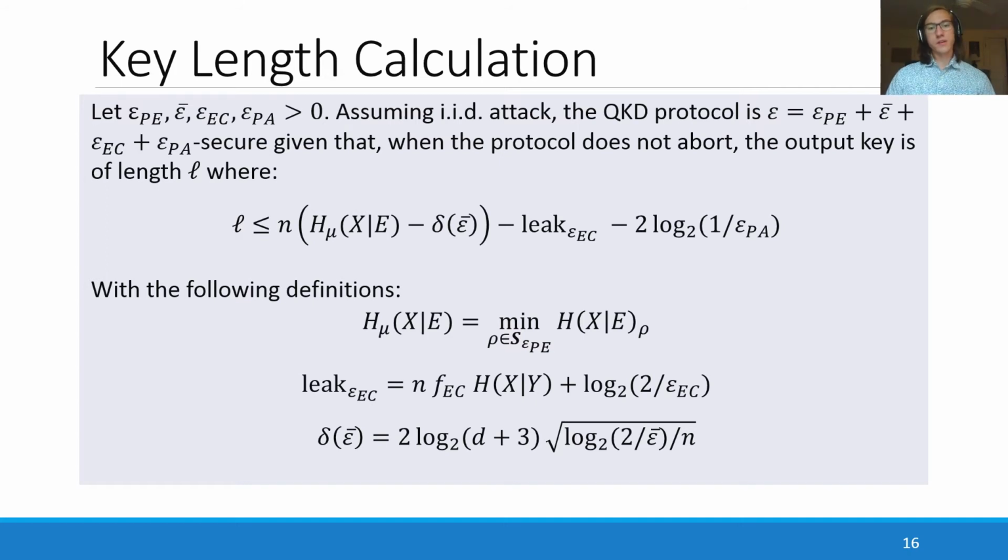The leak epsilon EC is just the error correction term with some finite size fluctuation cost, and the delta epsilon is another finite size fluctuation cost. Therefore, our numerical algorithm can still focus on h mu.